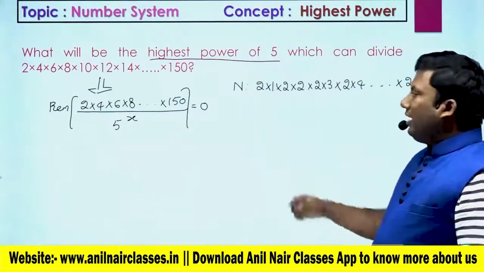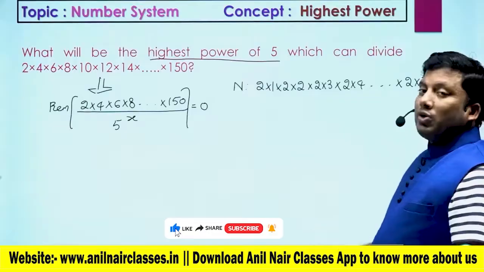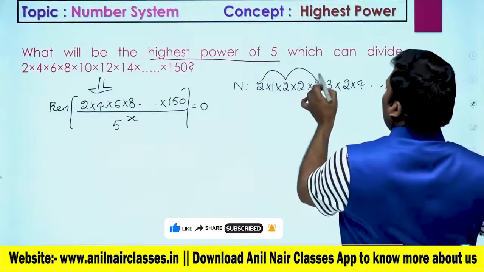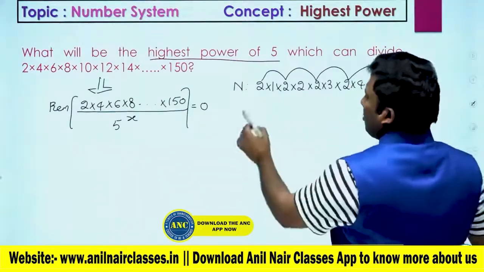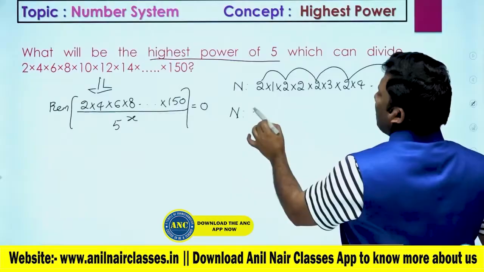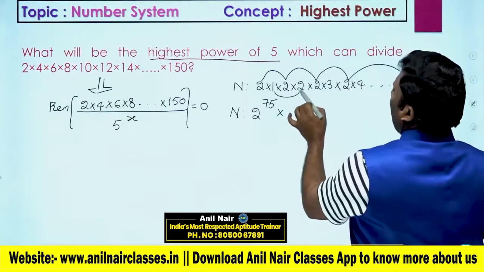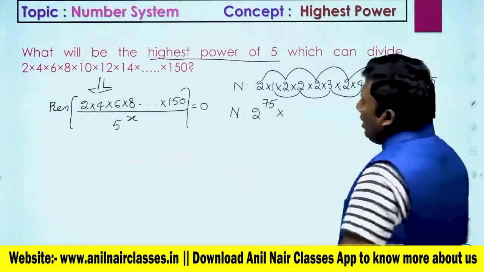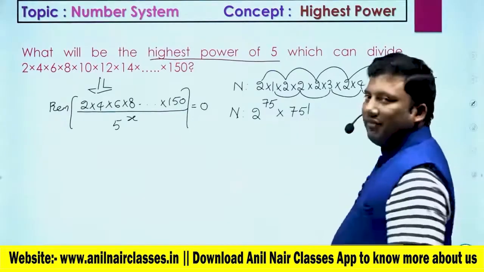Do not write it down as 2 common, 1 into 2 into 2 into 75 factorial. It is 2 into 2 into 2 into 2. 2 is multiplied 75 times. If 2 is multiplied 75 times, it is 2 power 75. Remaining it is 1 into 2 into 3 into 4 and so on up to 75, which is 75 factorial.